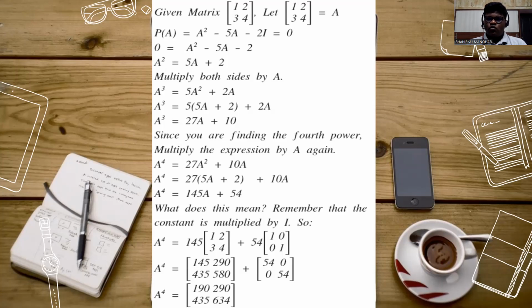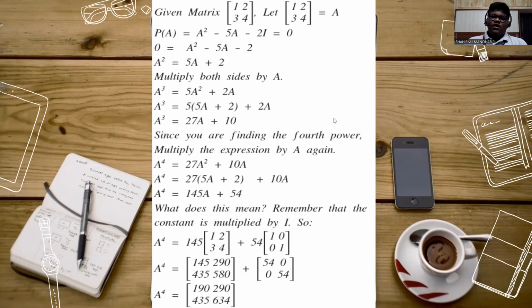Now, multiplying the given expression with A again gives us A to the power 4 is equal to 27A squared plus 10A. Now, taking 27 common, we get A to the power 4 is equal to 27 of (5A plus 2) plus 10A. If you multiply 27 inside, we get 145A plus 54.